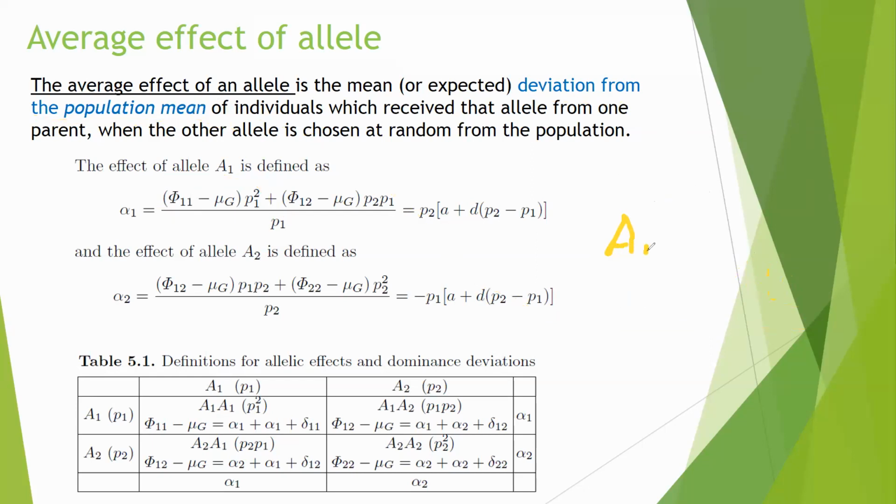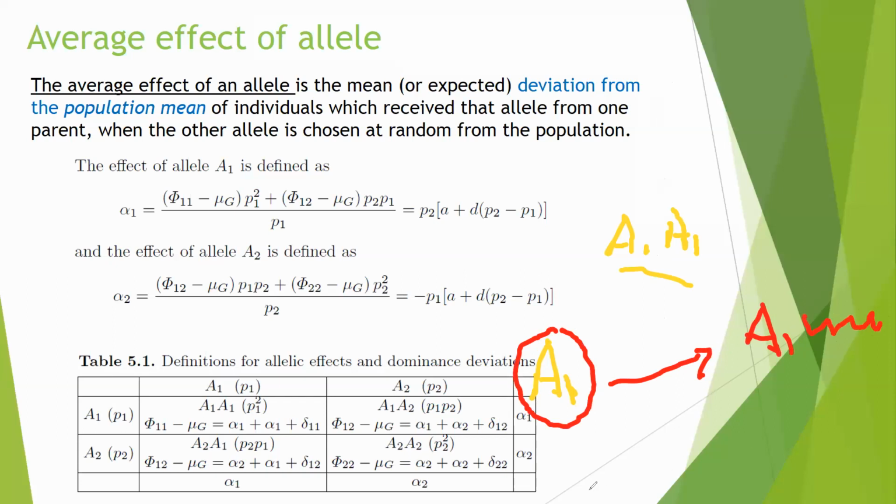All right. Since we're talking about A1, and why is that? Because you already have an A1 from a parent, right? Then there are 2 possible outcomes to form a gamete by using this first selected A1. Either this A1 will come together with another A1, which is randomly chosen from the population, or you can randomly choose another allele from the population to come together with this first chosen A1.